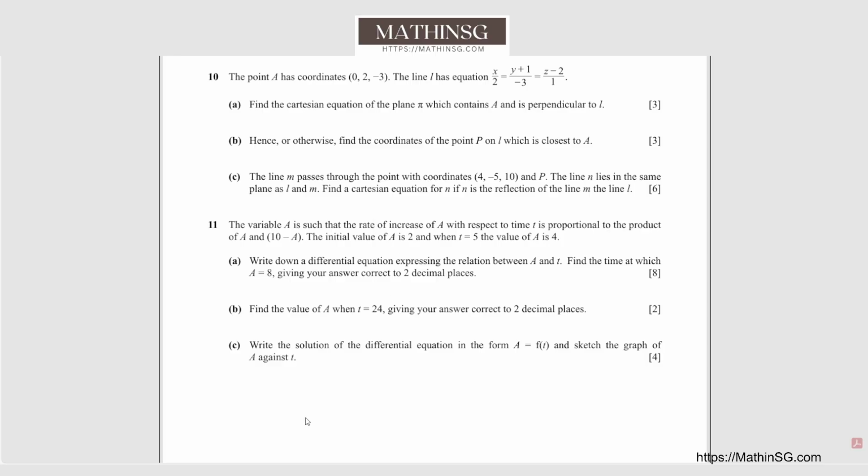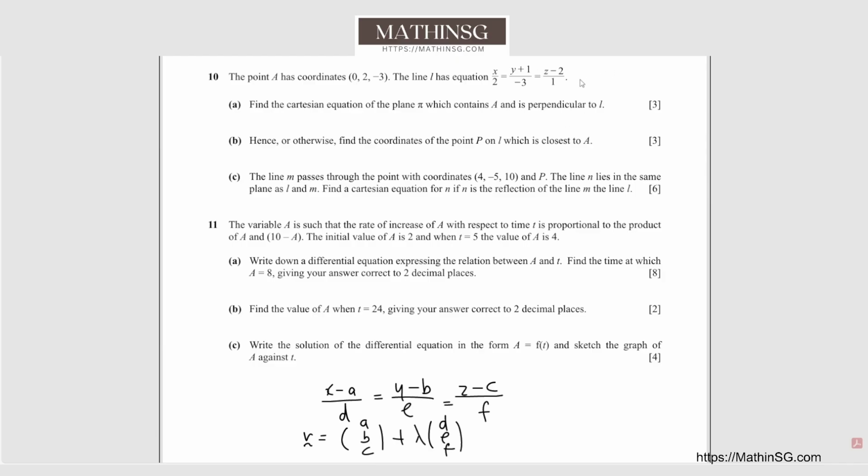So recall that if you have an equation of a line written in the form (x minus a) over d equals (y minus b) over e equals (z minus c) over f, then we can rewrite it in the form (a, b, c) plus lambda (d, e, f).